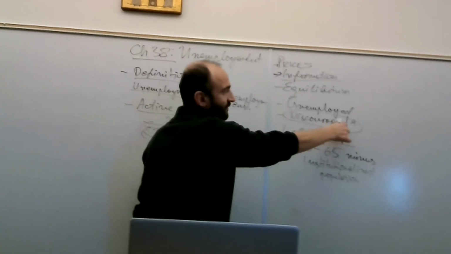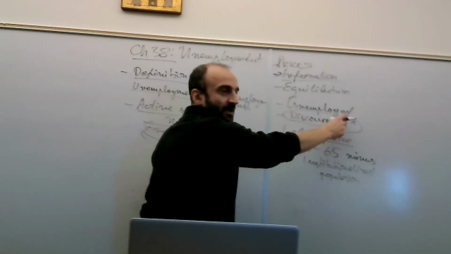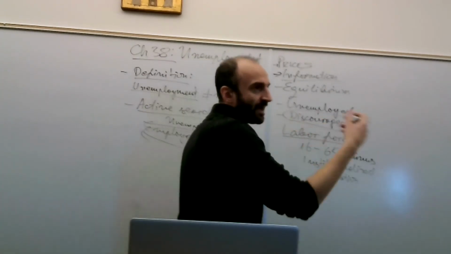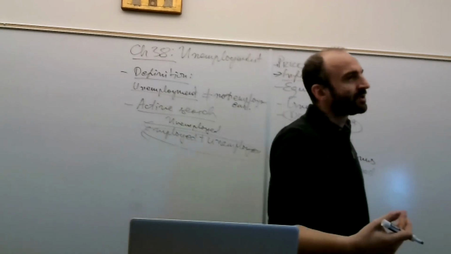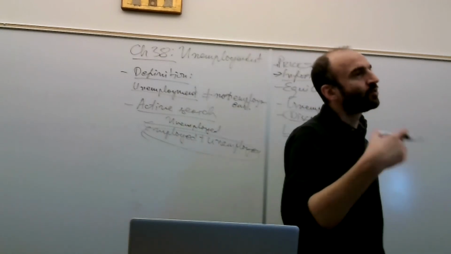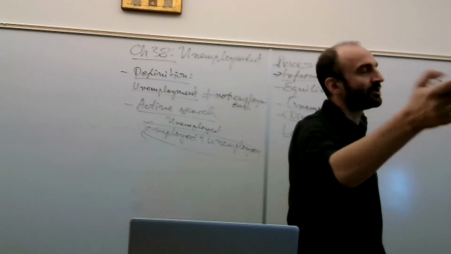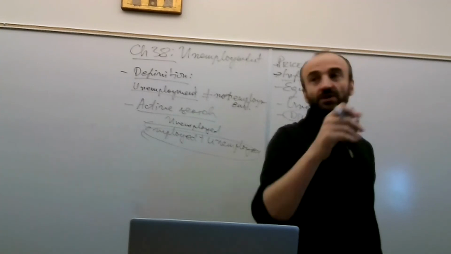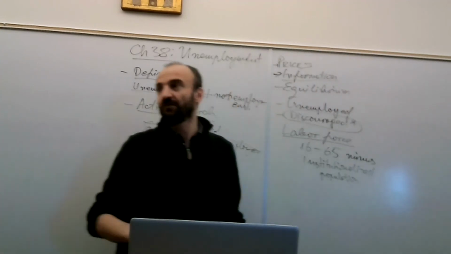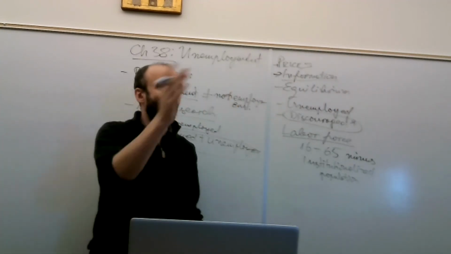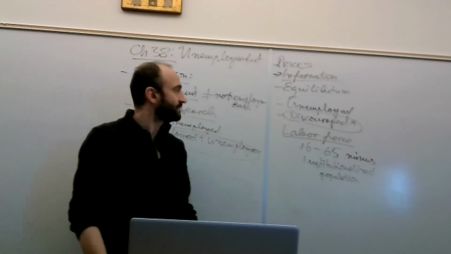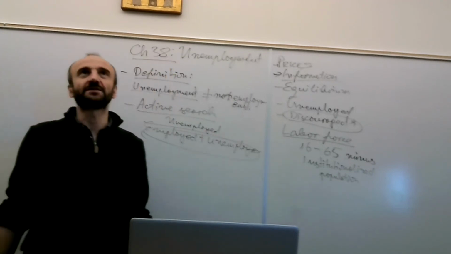That's the reason why I put the asterisk here, because this term discouraged implies that all of these people would actually want to find a job and couldn't find a job, and they got discouraged and they dropped out of the labor market. Some of these people actually never tried to find a job, like stay-home mothers would be one example. More rarely stay-home mothers.